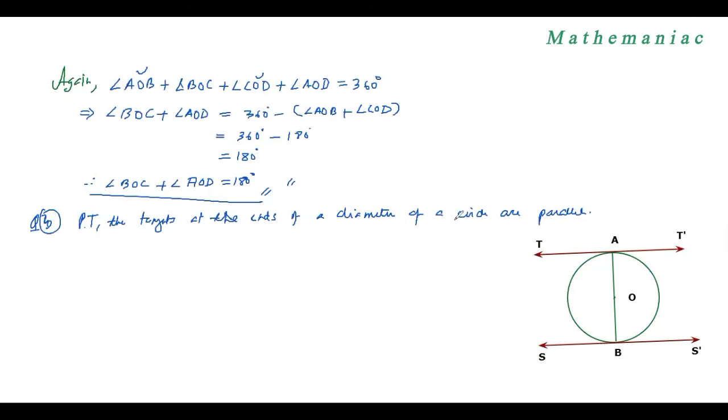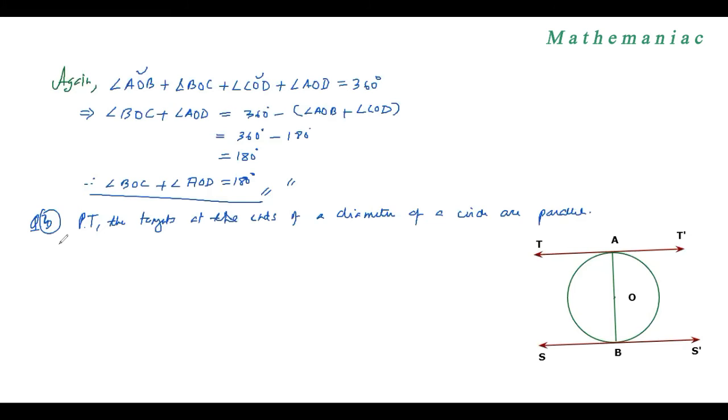Now my task is to prove that T dash and S dash are parallel. During the construction, I have to draw them parallel because there is no way out. Otherwise, the proof will not be good looking.